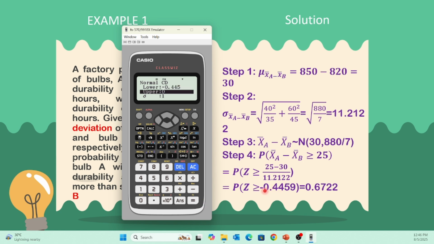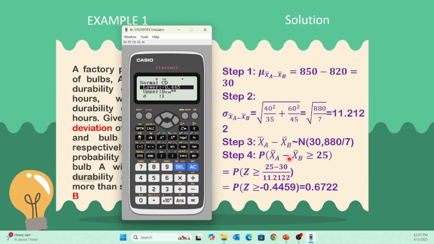It's the same thing, negative 0.445. Upper is a big number, 9 times 10 to the power of 99. Remember, in the standard Z distribution the standard deviation is 1 and mu is 0. So we get 0.6722. This is used to convert to the Z distribution.